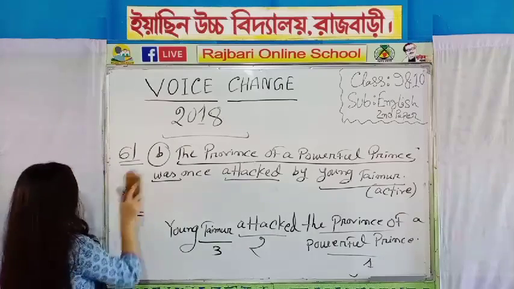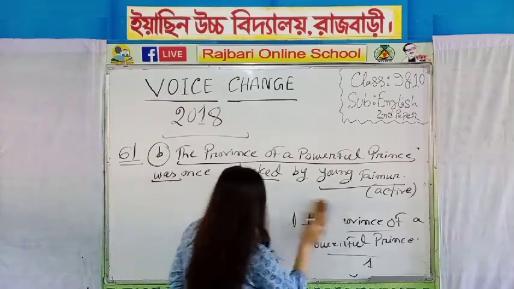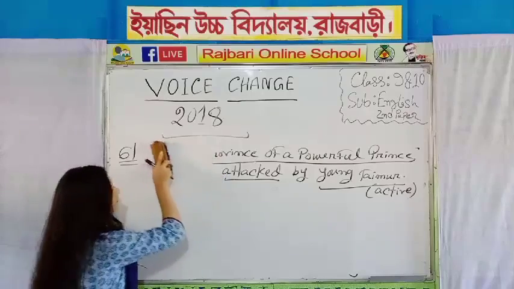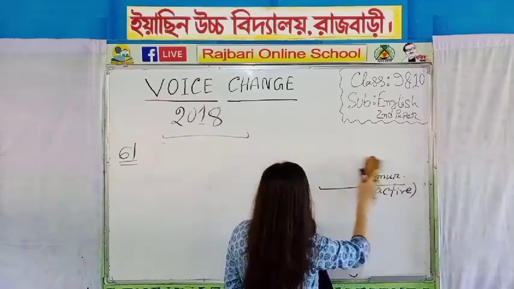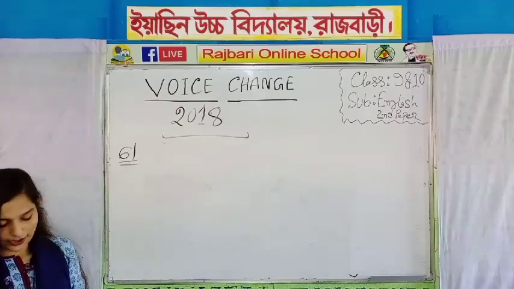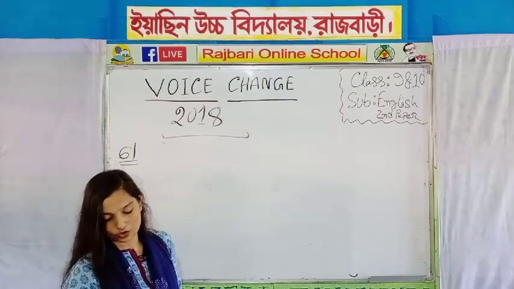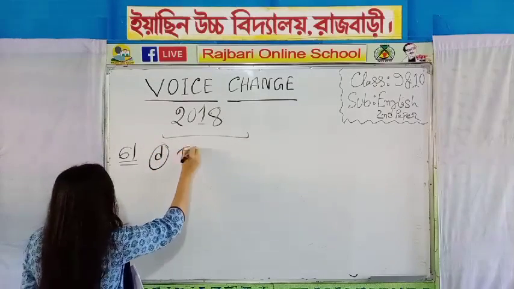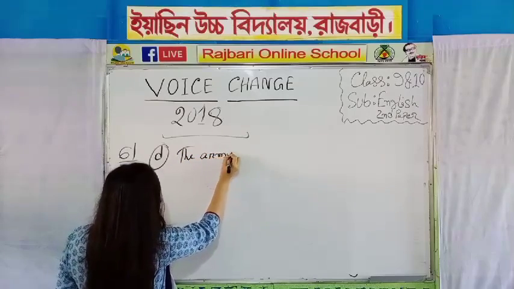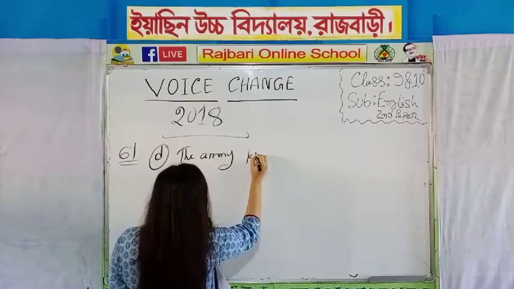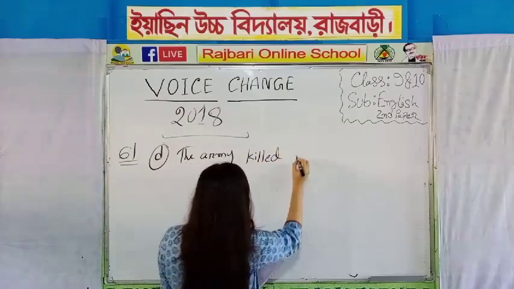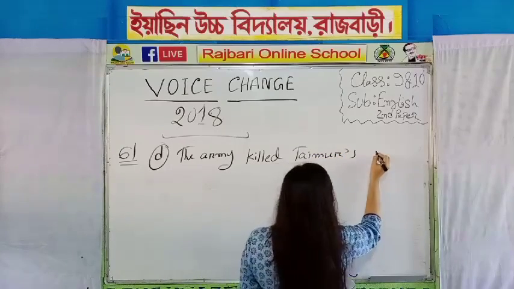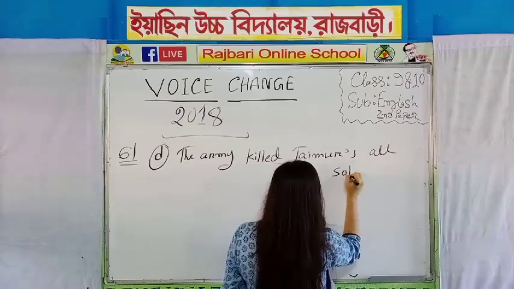Done? Okay. Now next question is, okay, next one was your question number D. The sentence was, The army killed Toimur's all soldiers.